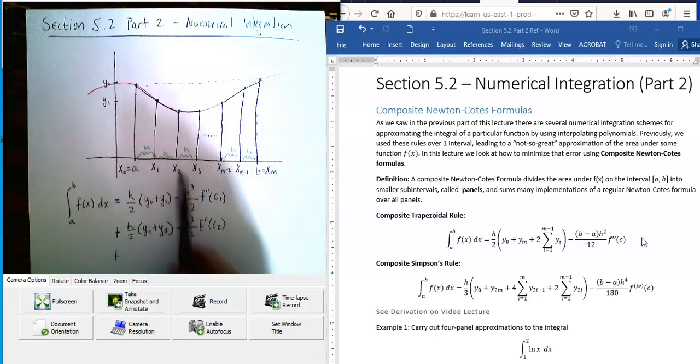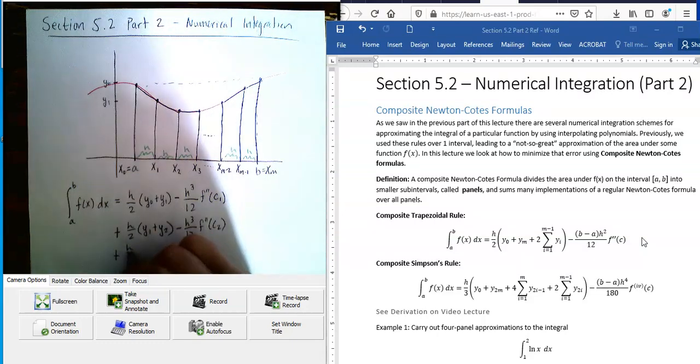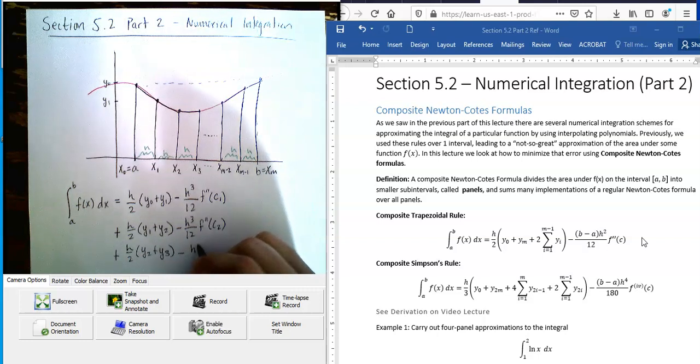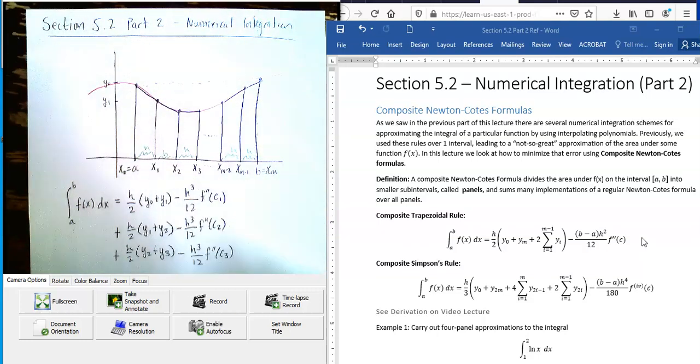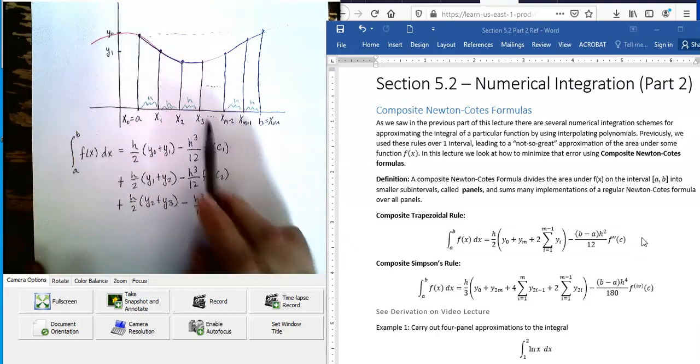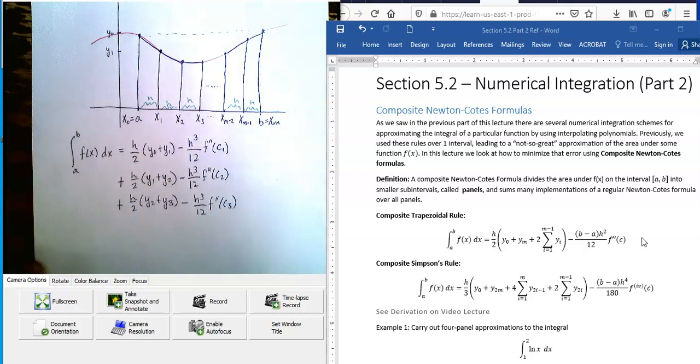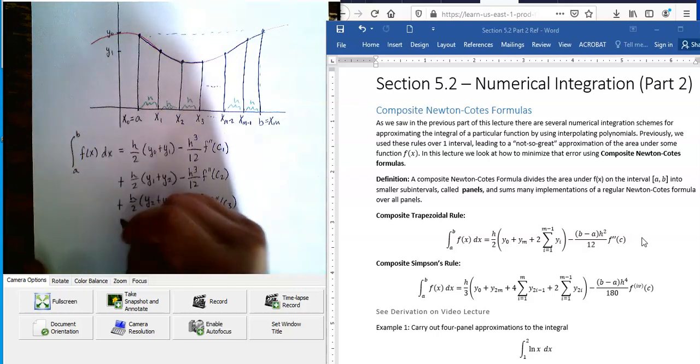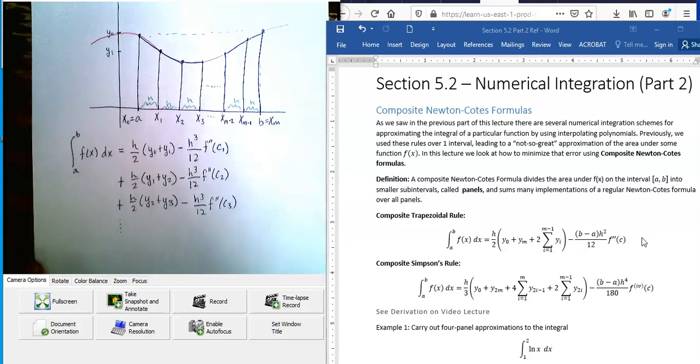And the next panel, you guessed it, h over 2 times y2 plus y3 minus h cubed over 12 f double prime of c3. Of course, we would continue that on and on for all the various panels that we have. So we'll do dot, dot, dot.